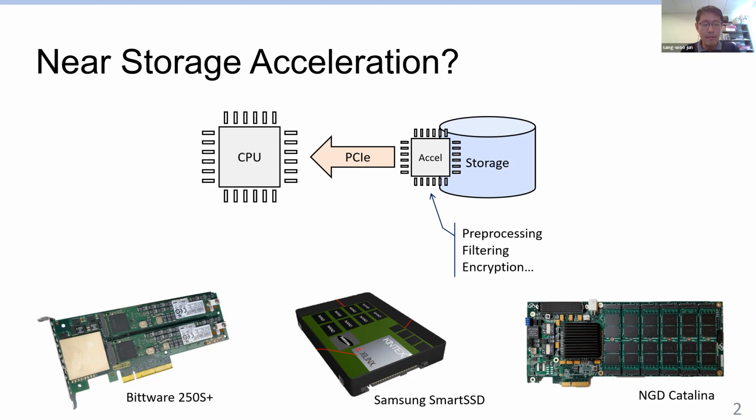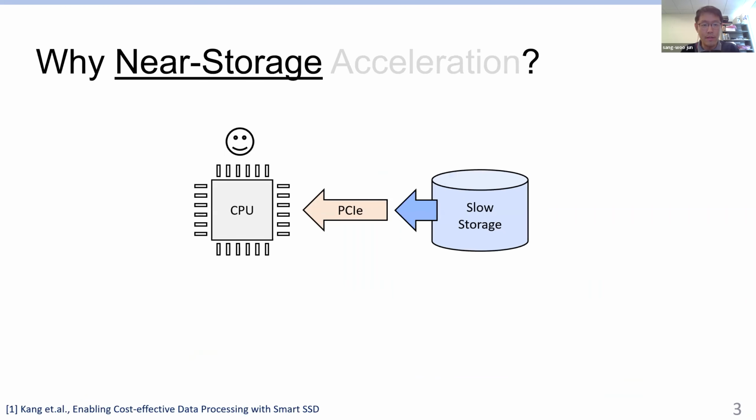But I guess if we want to talk about near storage acceleration, we need to justify this a little bit. So first we can talk about why near storage acceleration, the near storage portion. In the olden days, when storage was much slower than the interlink between the storage and the CPU, everything was good. Storage was slow, the software and the CPU just kind of worked around it.